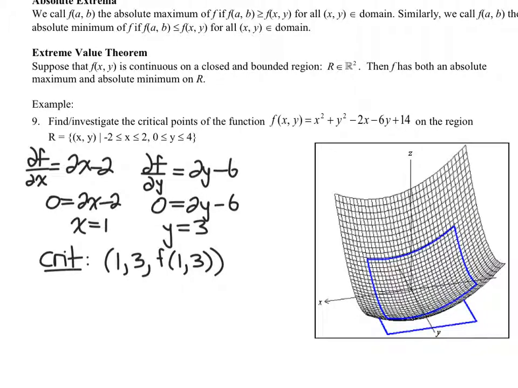Now we could actually figure that out just by plugging and chugging, because this is actually more of a numerical approach anyway. So we're looking at 1 squared plus 3 squared, that'll give me a 10, minus 2 times 1, so 8, minus 18, so negative 10, plus 14, so 4. So (1, 3, 4).